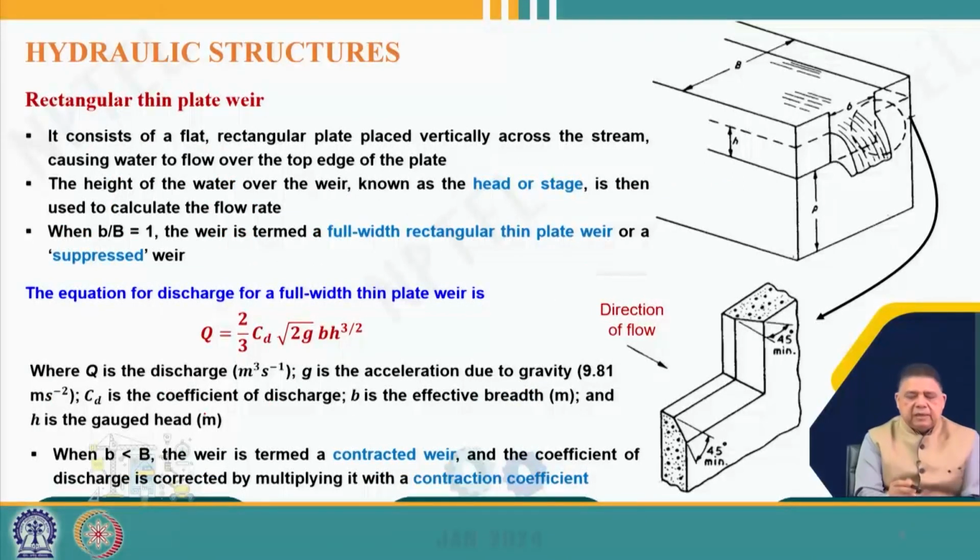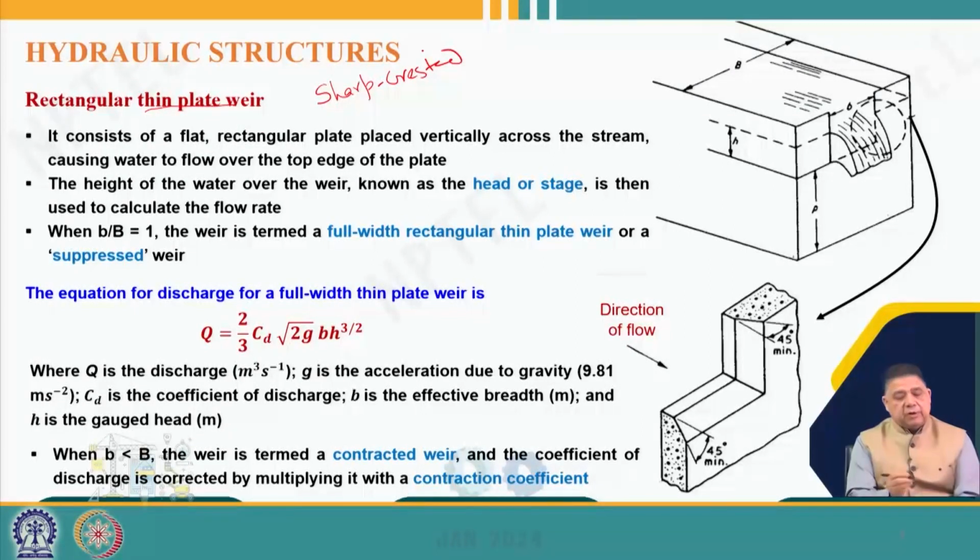Starting with the thin plate weirs, also referred to as sharp crested weirs, we will first talk about the rectangular thin plate weir or rectangular sharp crested weir. This rectangular sharp crested weir consists of a flat rectangular plate placed vertically across the stream, causing water to flow over the top edge of the plate.